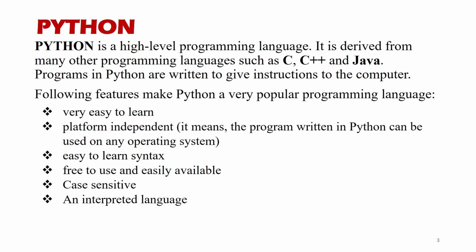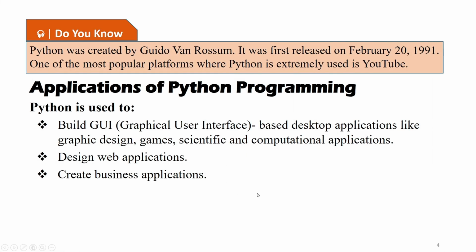It is an interpreted language. That means it uses an interpreter to convert the code into machine language, that is zeros and ones, so that your CPU can understand it and give the output. Do you know Python was created by Guido van Rossum? It was first released on February 20, 1991.